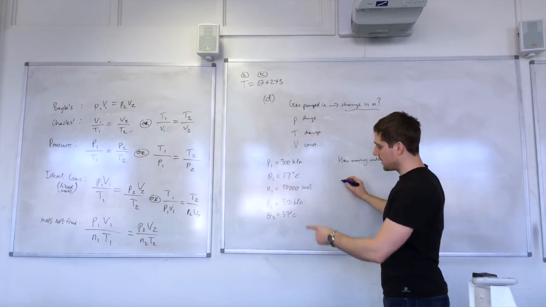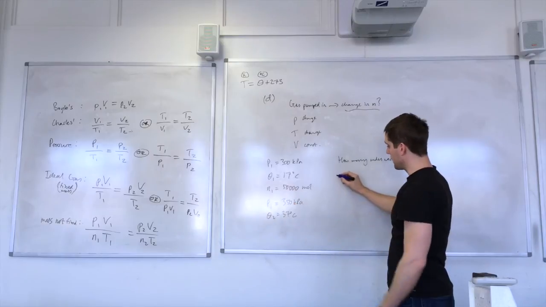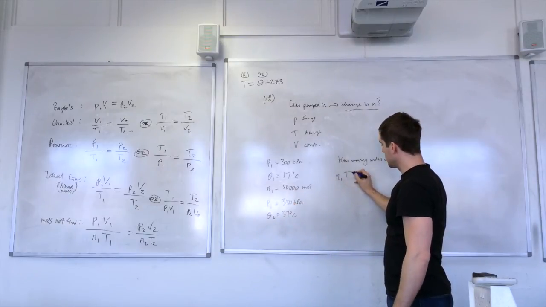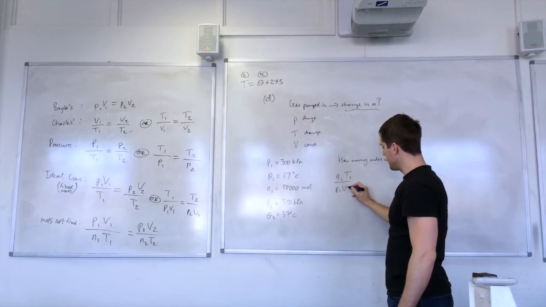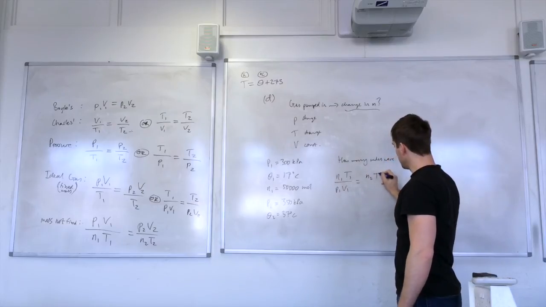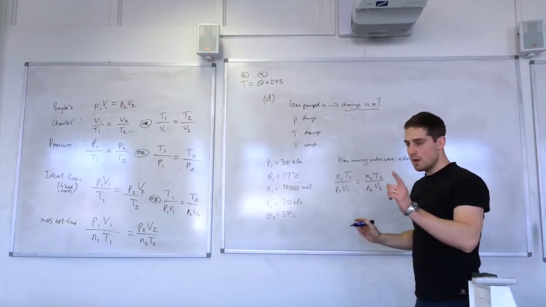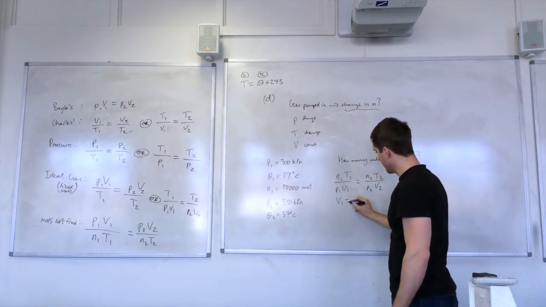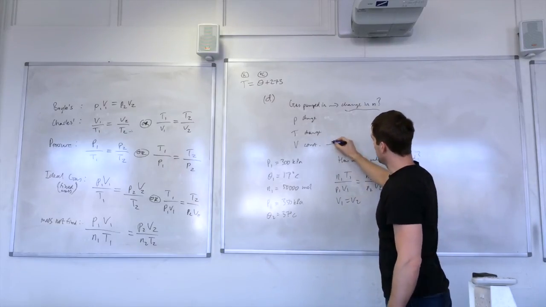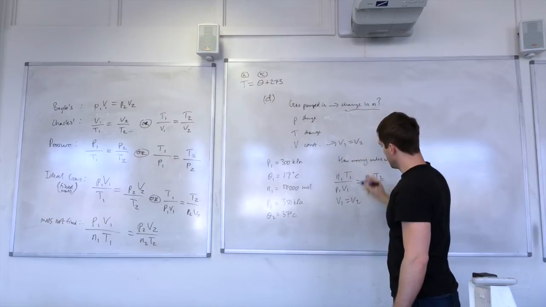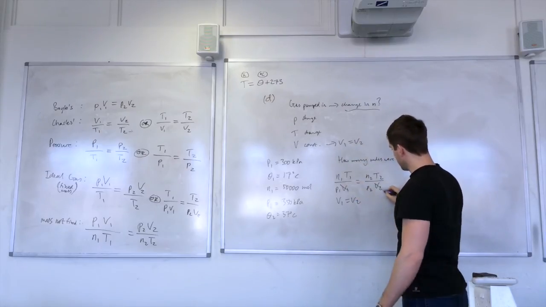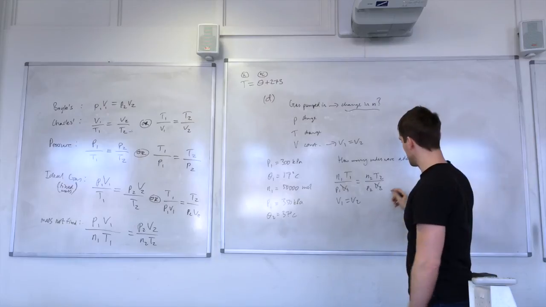So the equation, if I flip both sides of it, is N1 T1 over P1 V1 is equal to N2 T2 over P2 V2. V1 equals V2. That came from here, so that will cancel out. That makes our equation a bit nicer to work with.